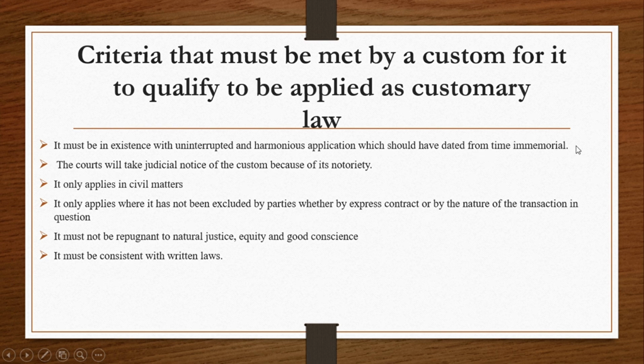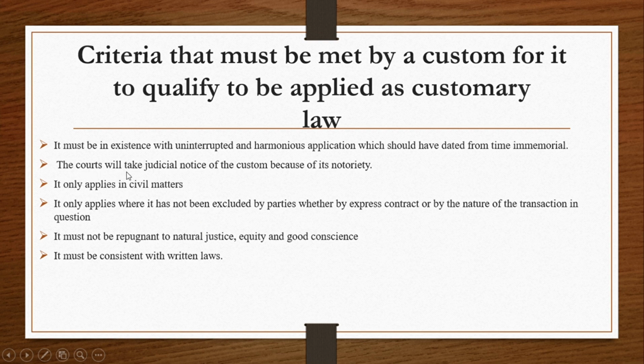That custom should have been in existence for so long that no one remembers when it started. If someone remembers when it started, then it does not apply as customary law. For example, if the custom just started in 2020, it does not apply. It must have started a long time ago, so that no one remembers when it started.